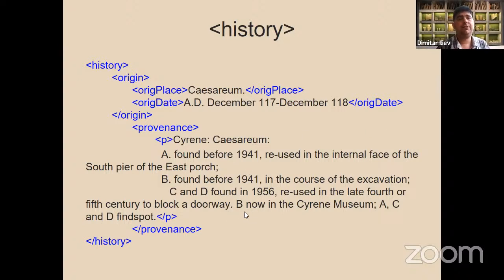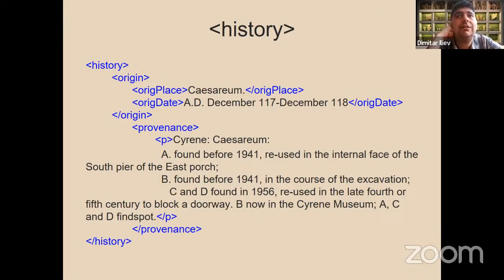One piece of the monument is now at the museum, and other pieces were found at different times, one found before 1941, which is before the Italian invasion of the region, and C and D found in the post-war decades.